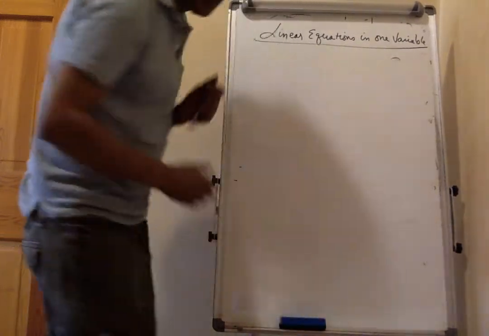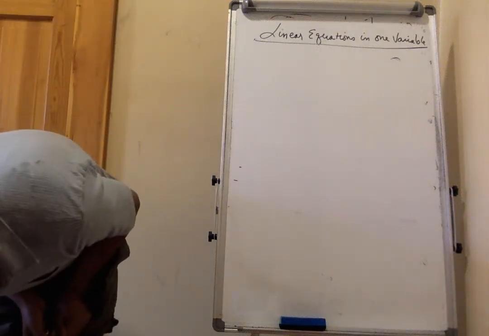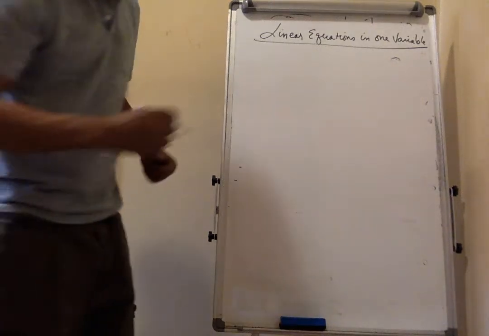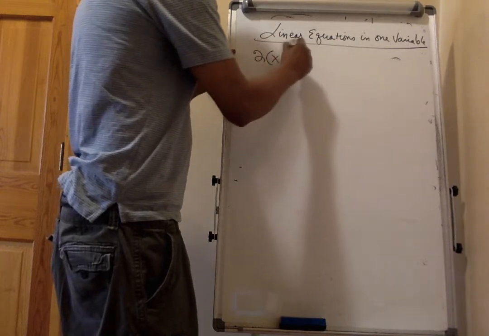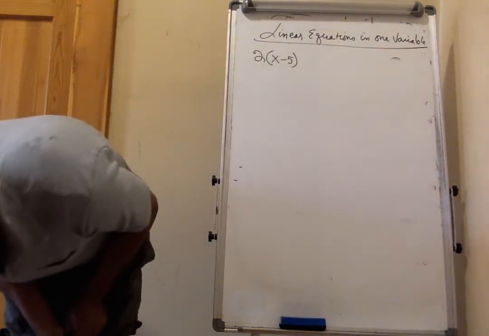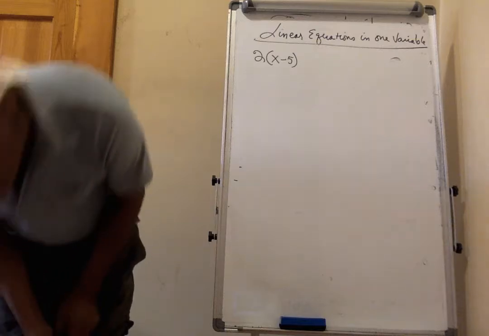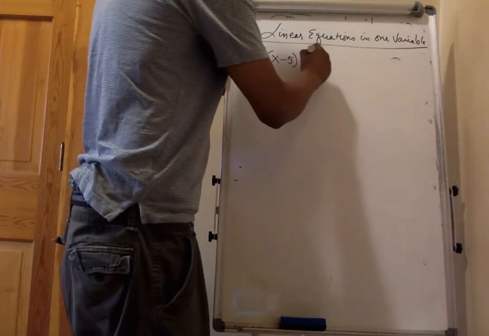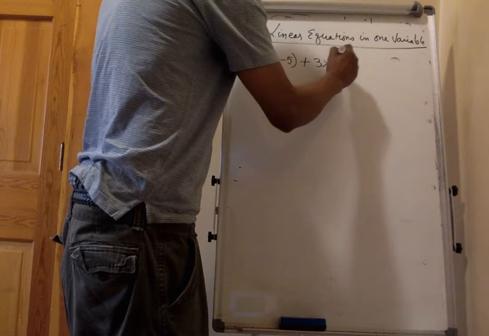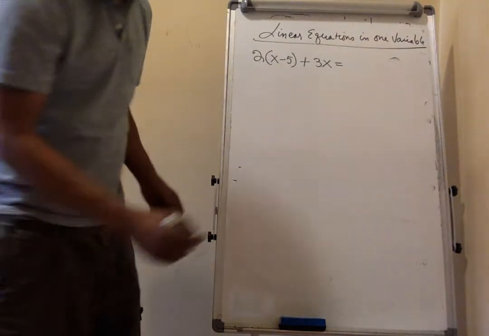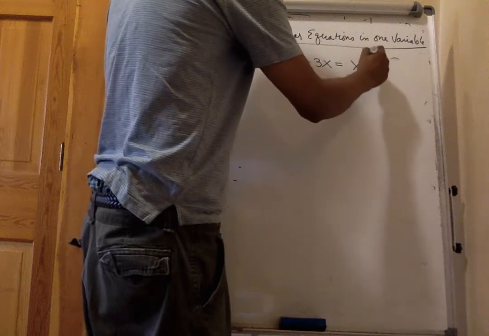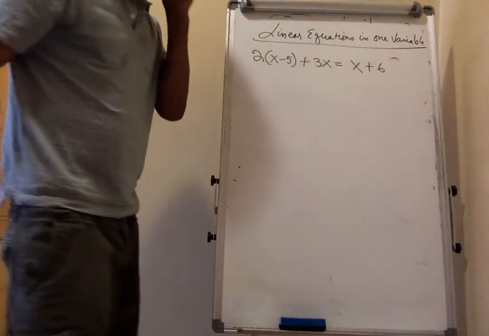Okay, let's do another one. You have 2 times x minus 5 plus 3x equals x plus 6.